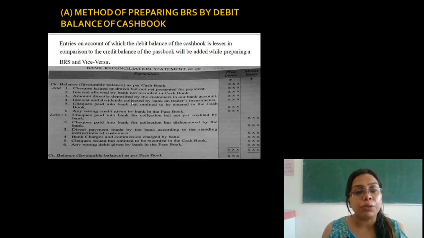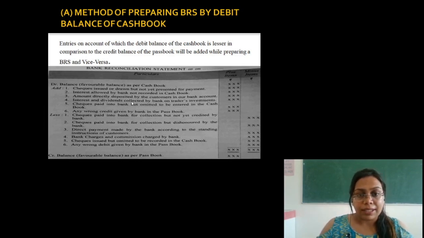Entries on account of which the debit balance of the cash book is lesser in comparison to the credit balance of the passbook will be added while preparing a BRS, and vice versa. Those entries which are shown in the debit balance of the cash book and are less in comparison to the credit balance of the passbook are added back to the debit balance of the cash book, and vice versa.